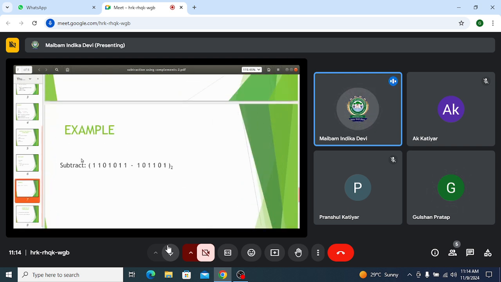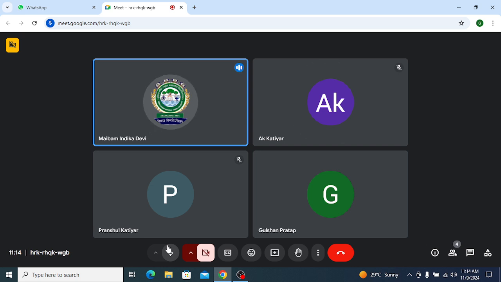So this is about subtraction of binary numbers using one's complement and two's complement. If the given numbers are decimal numbers, the steps are the same, except that it is called nines complement.